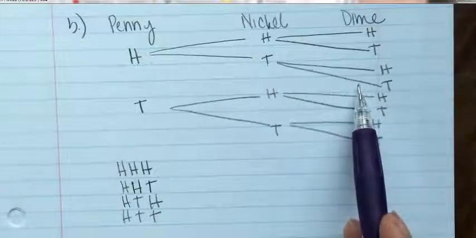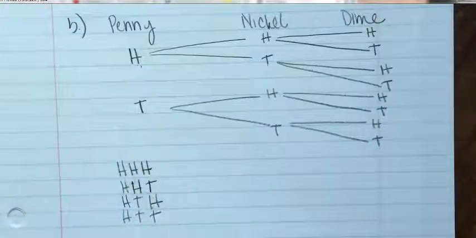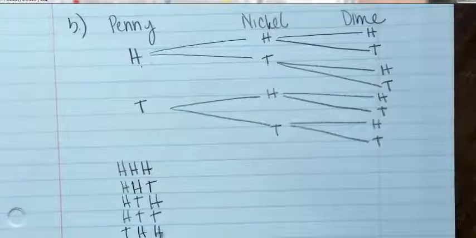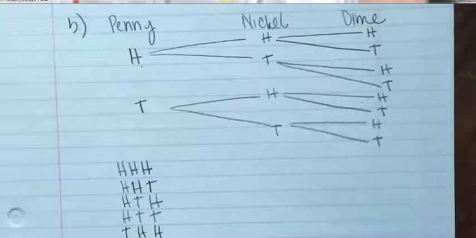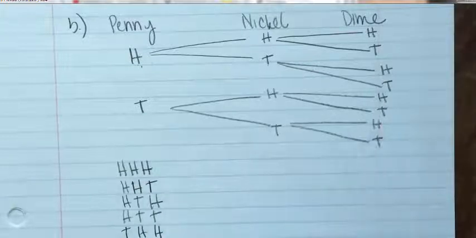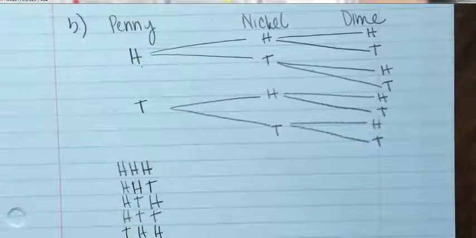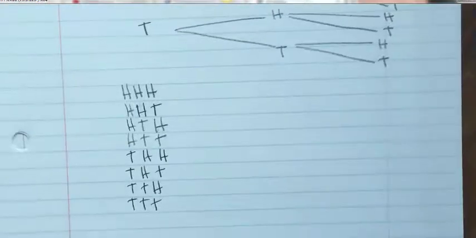Okay, so I think I got all the possibilities with the penny landing on heads first. Now let's go to tails. So we can go tails, heads, heads; tails, heads, tails; tails, tails, heads; or tails, tails, tails. So I've just listed all of them.